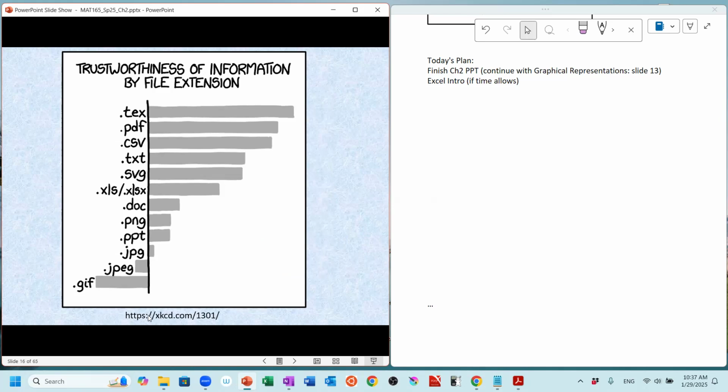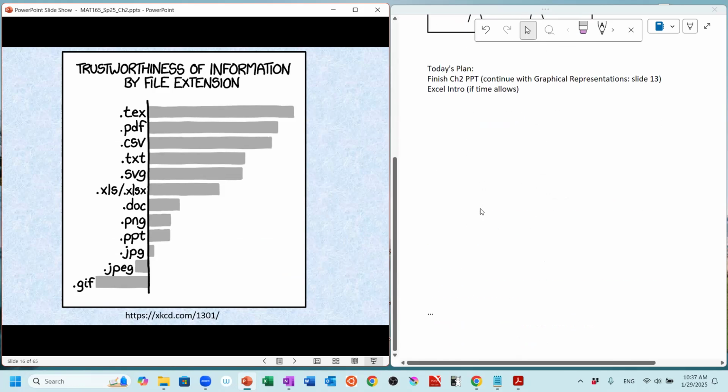So here's again a funny XKCD comic. I actually forgot this was in here, so I'm not trying to hard sell XKCD or anything. I just happened to pick this quote for today, and this comic was in here. But it shows trustworthiness of information by file extension, you can see the bar chart here.